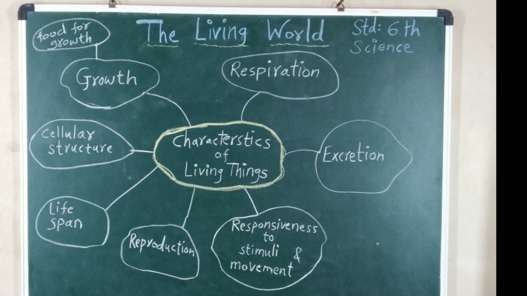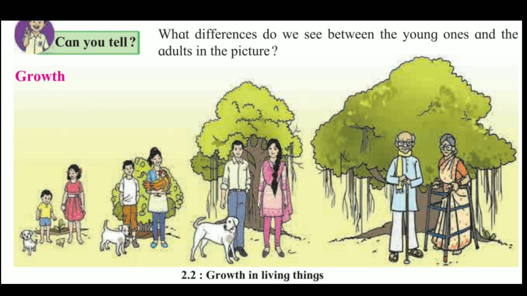Let us learn the first characteristic, growth. For better understanding, let us see this picture. What do you see in this picture? Here, in the first picture, you will see animals, plants, a bird, and a human being. The first picture shows the height, weight, and strength.